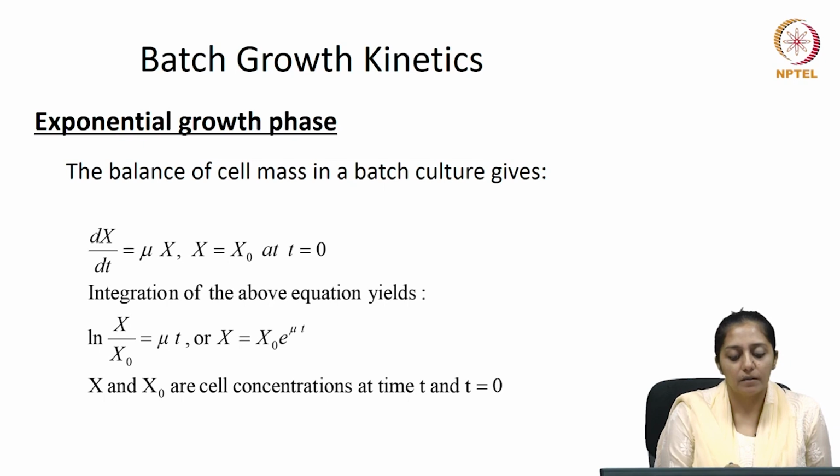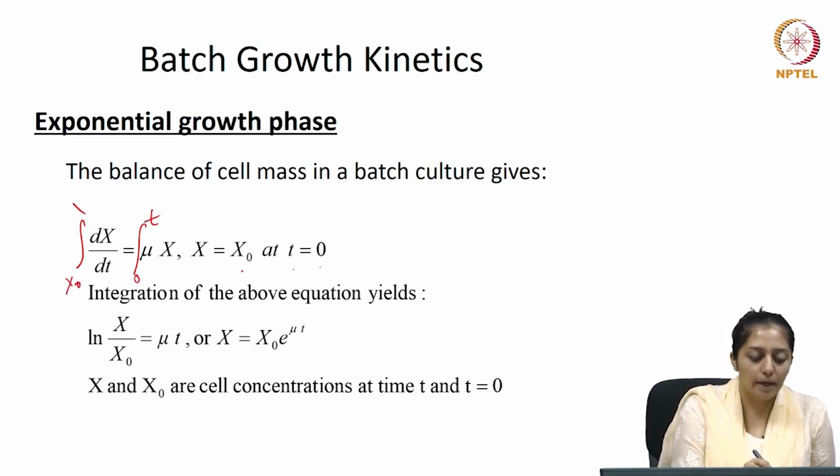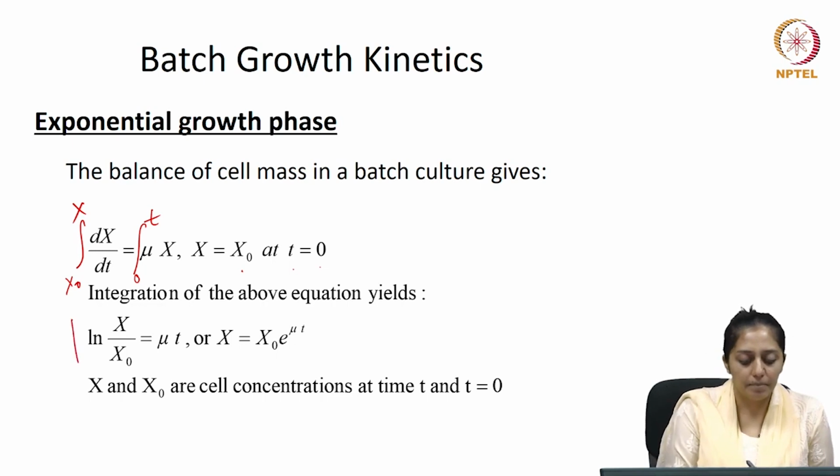It is assumed that the cell concentration is x naught at time t equal to 0, which means at the beginning. Now, if we integrate from 0 to t and from x naught to x, we end up here.